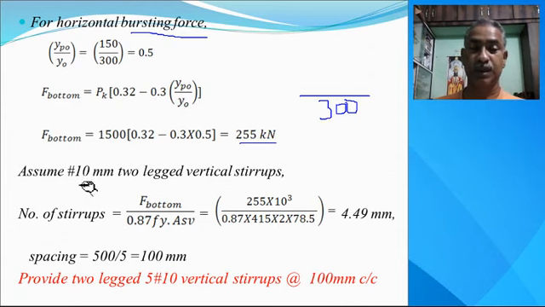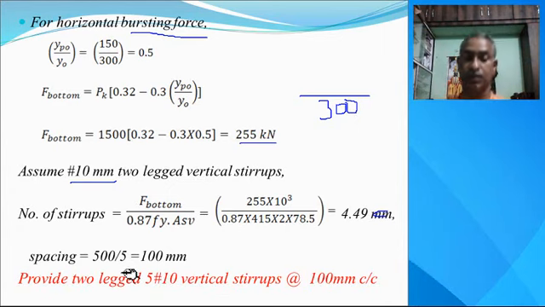Again we consider the same 10 mm diameter 2-leg vertical stirrups, and using the same formula we find the number of stirrups. The force at the bottom divided by 0.87 Fy ASV gives 4.49, not mm, but numbers.